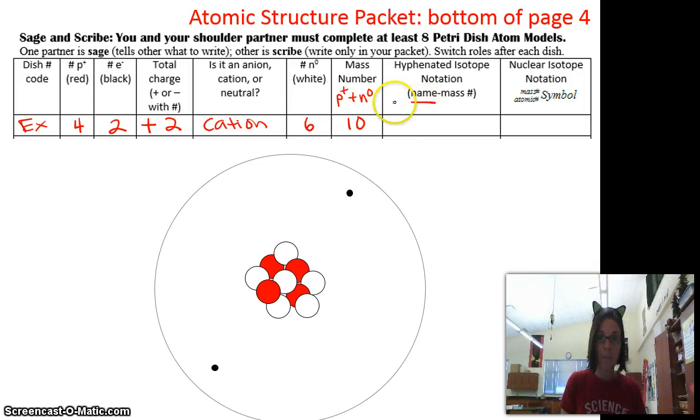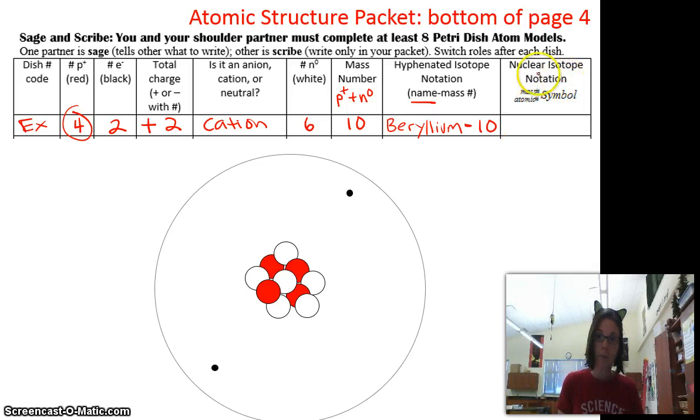The atomic number is equal to the number of protons. So I look up on the periodic table, above the board, atomic number 4, and that one's going to be beryllium. And you should remember how to spell beryllium. And then there's a hyphen. And after the hyphen, I'm going to put the mass number. So this 10 that I just wrote, I'm going to put right here. So this is beryllium-10.